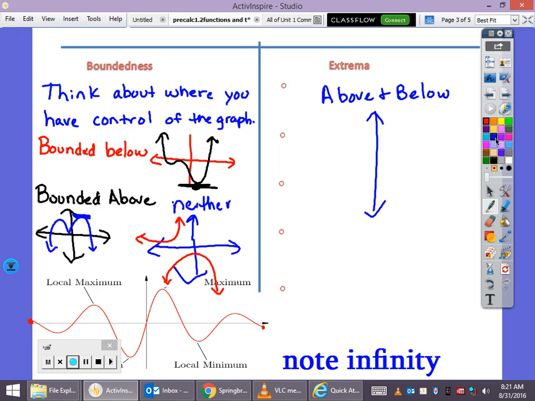Oh, sorry. Bless you. Okay, it would look like something like this, okay? It has definite endpoints. They're not going to infinity. And I know the highest point the graph will ever reach, and I know the lowest point it would ever reach.